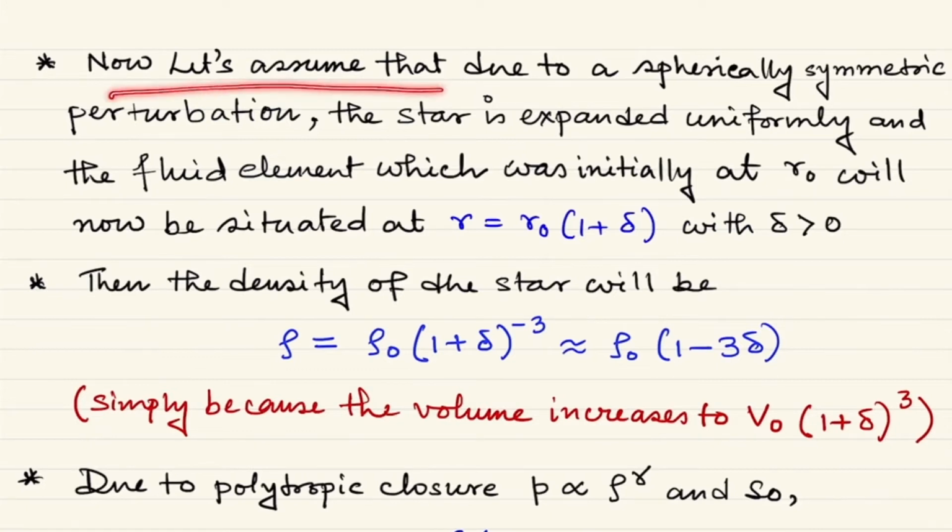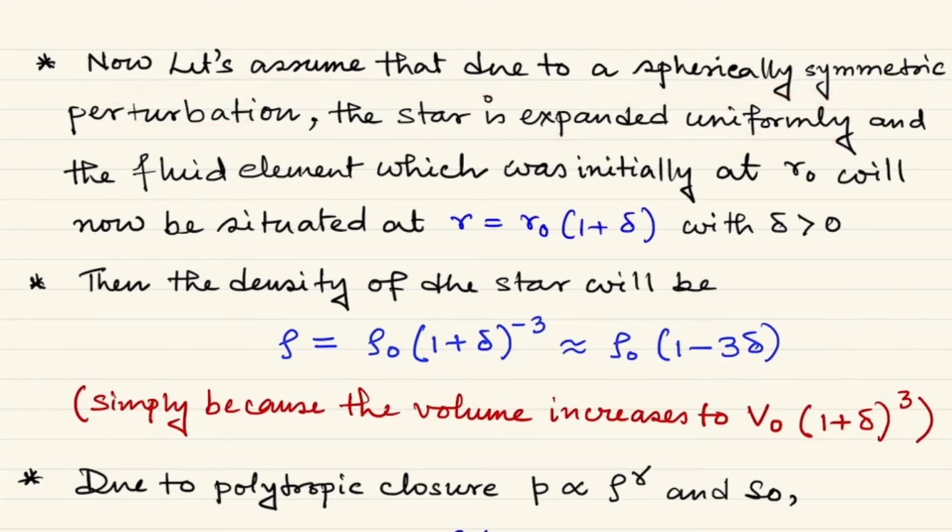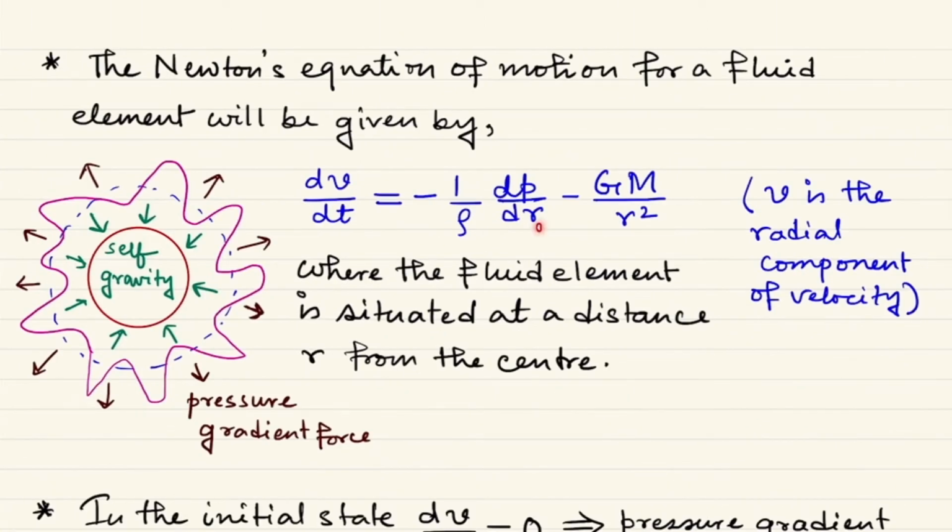Now let's assume that due to a spherically symmetric perturbation, the star is expanded uniformly in all directions. The fluid element which was initially at r0 will now be situated at some r. The generic variables r, v are true for the initial state, the current state, any later state.